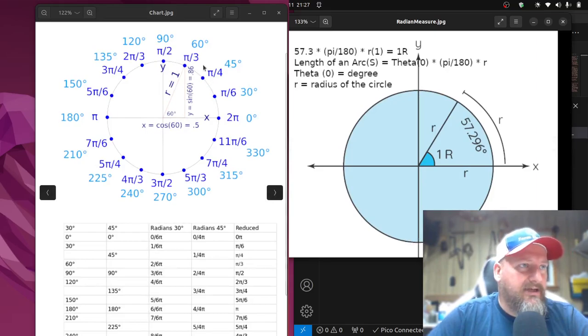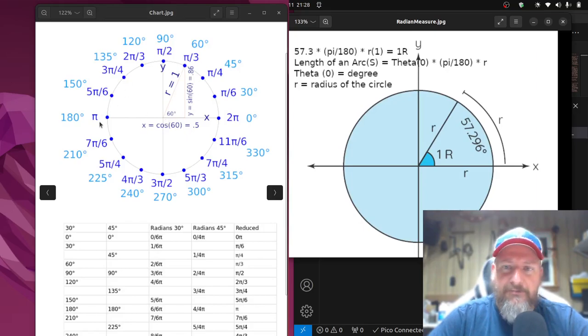Over here on the left, we can say from 0 to 60 would be 1 radian, and then from 60 to 120 would be 2, and then from 120 add 60 more would be 180, so that's 3. So if we said 3 of those, then the other 3 would equal 6 total, so half of that would be 3, so half of a circle is pi.